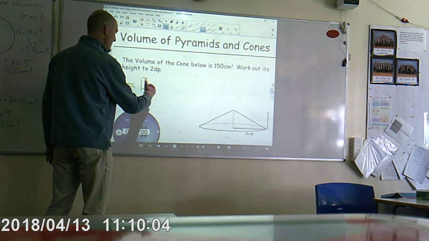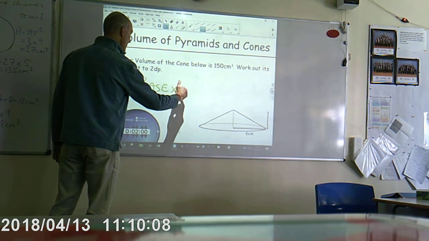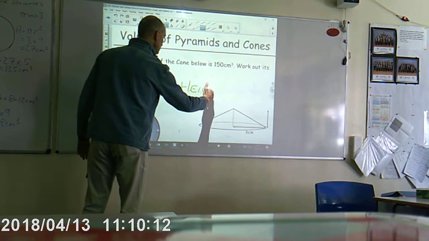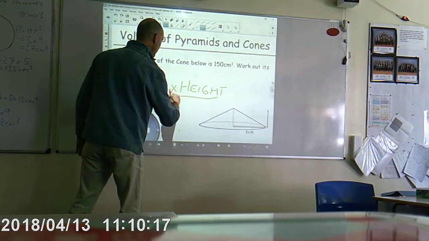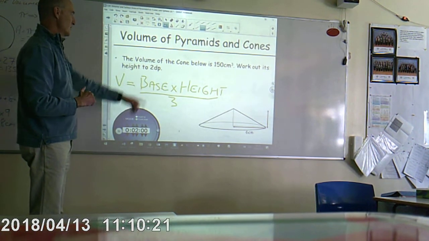the area of the base times the height, which you don't know in this case, that's the bit you don't know, and divide that by 3, that's your equation.